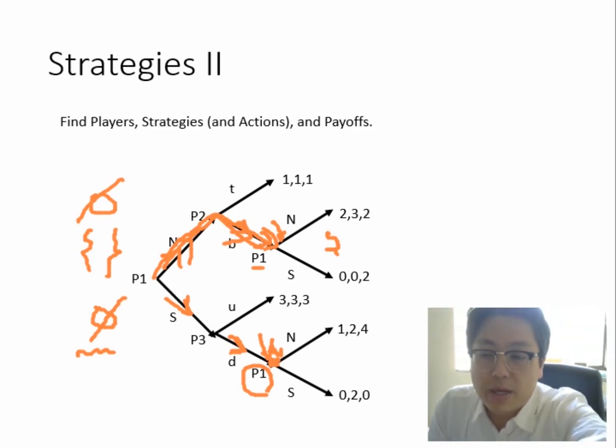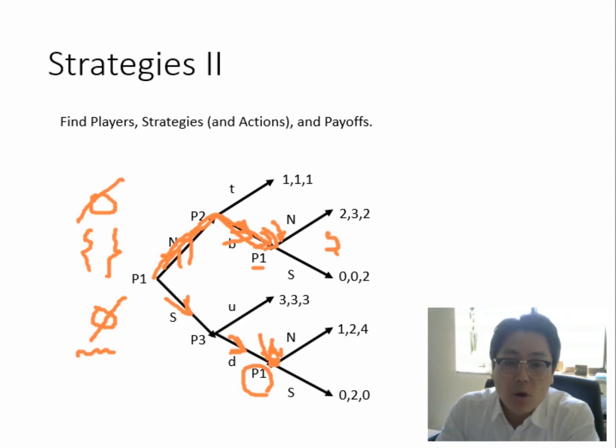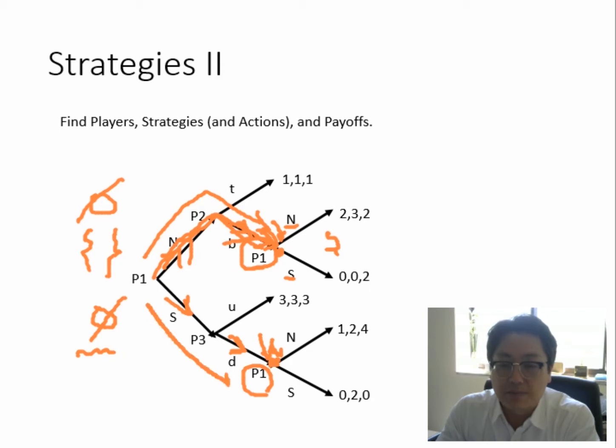But here, if the first player has a chance to play between N and S, the first player has the information that the game was played following this path. Once this node is reached, the first player knows the fact that the game is played following this path, right? Information levels at these nodes are different, okay?